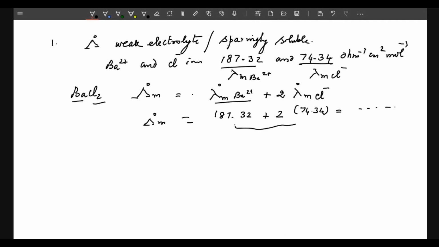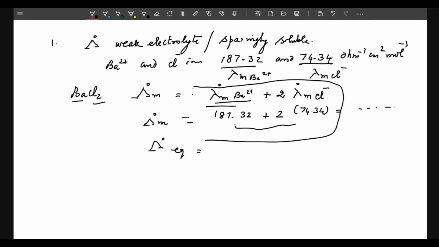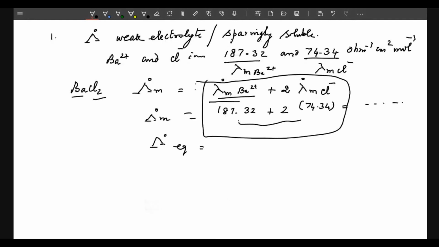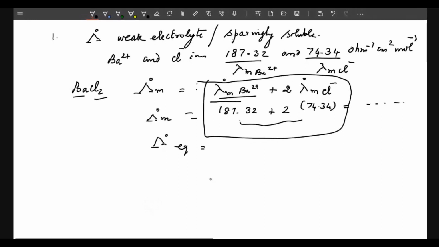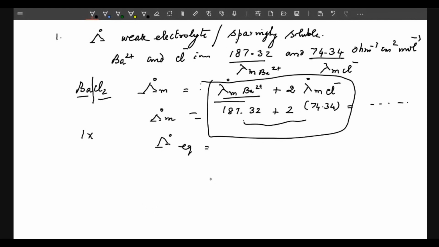And you are also asked to calculate the equivalent conductance. How to calculate the equivalent conductance? From this molar conductance, you can easily calculate this one. What is the valence factor? Take barium, one ion, its valence is 2.